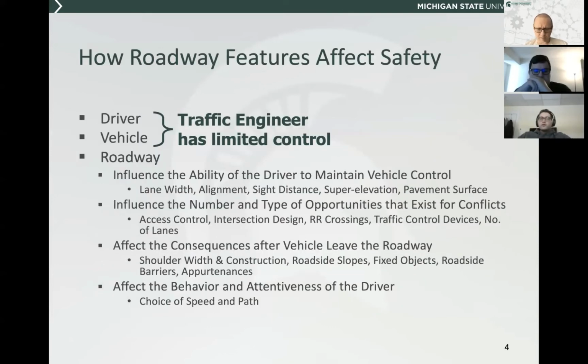There's a few specific examples here. The driver's choice of speed and path is something over which we have some degree of influence. I'm thinking specifically about cases like work zones, for example, or anywhere we're trying to identify ways to reduce travel speeds, which can be a bit of a challenge, because generally speaking, the speed limit has some influence, but largely drivers just adapt to the nature of that environment.